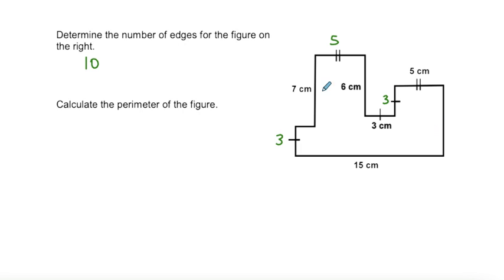So I know that this entire dimension here is 10 centimeters. So from the top all the way to the bottom is 10 centimeters. 7 plus 3 is 10. I only need to go this high up. So that's my measurement for right here.